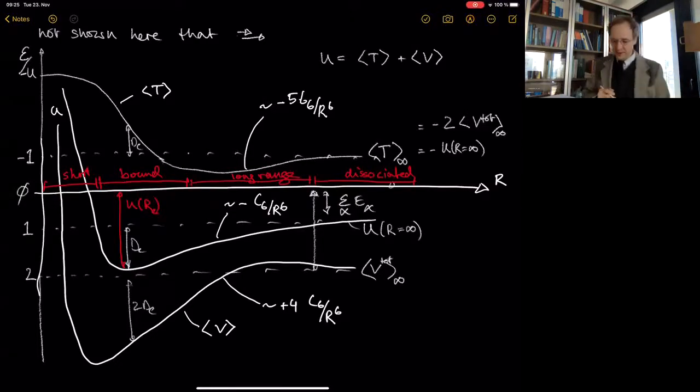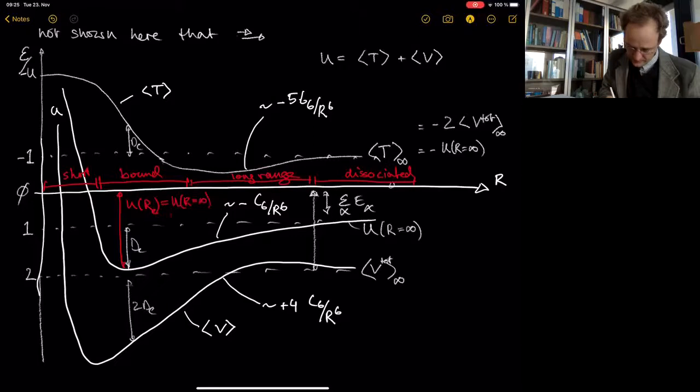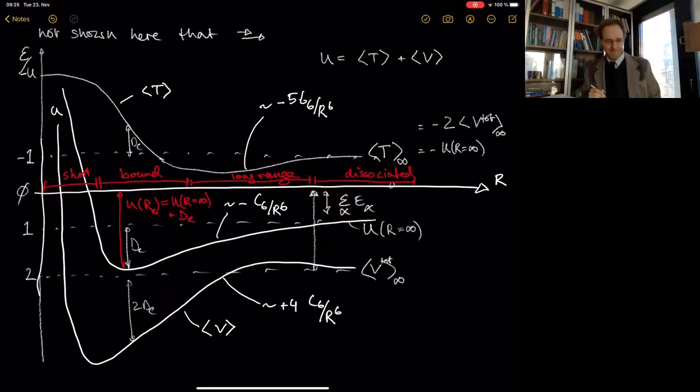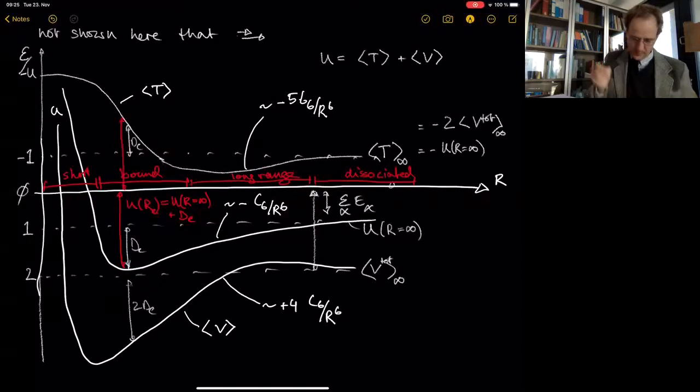Which consists of the total energy of your free atoms plus the dissociation energy. At this point, you have your kinetic energy to be the same amount, but of opposite sign, okay?